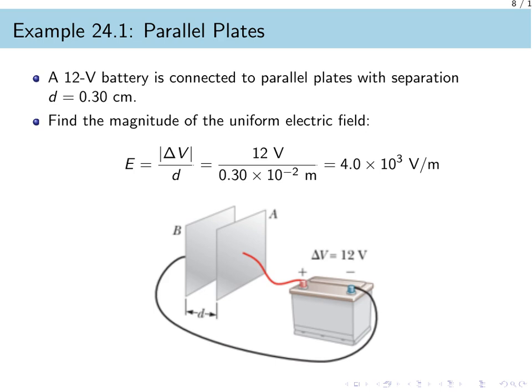By converting the separation to meters, we calculate an electric field magnitude of 4.0 times 10 to the third volts per meter. This demonstrates how a known voltage and physical spacing directly determine the strength of the resulting electric field.